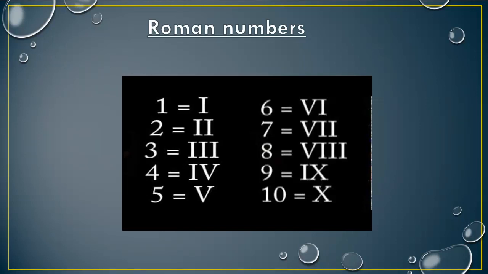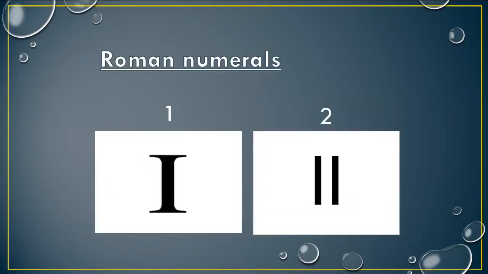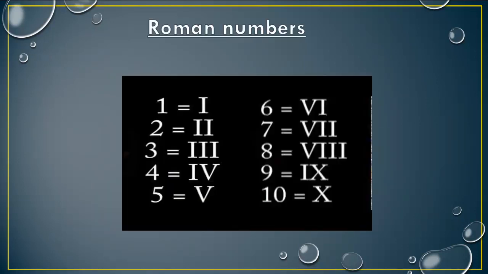First of all, let's come to 0. Now they had no symbol for 0 because they never felt the need of representing 0, because 0 means nothing and 0 was not invented at their time. So they had no symbol for 0.